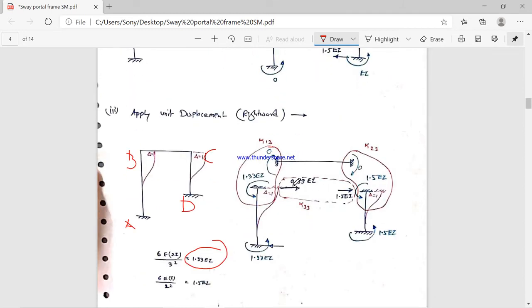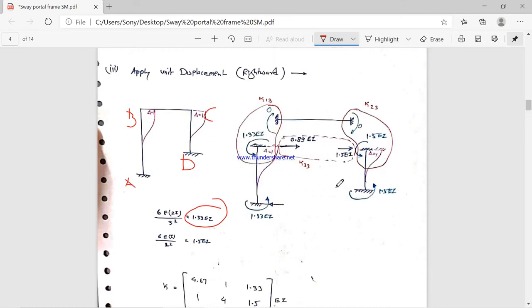So 12 into 2 divided by L cube. L is 3 meter, so 3 cube. So it will be equal to 24 by 27. The answer will be 0.89. Here also 12 into 12 divided by 2 cube. The answer will be 1.5. So likewise we have to calculate using the formula.